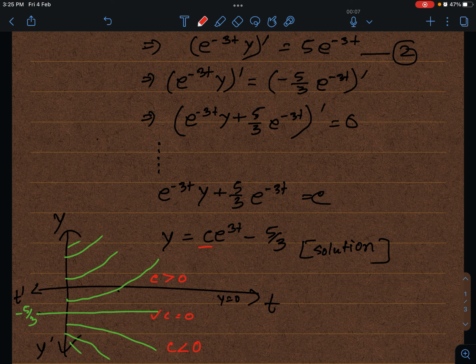So these are a few representations of this particular solution with different values of c.